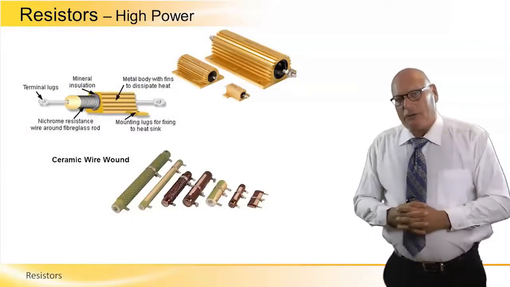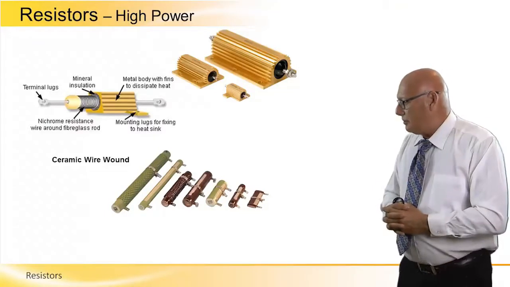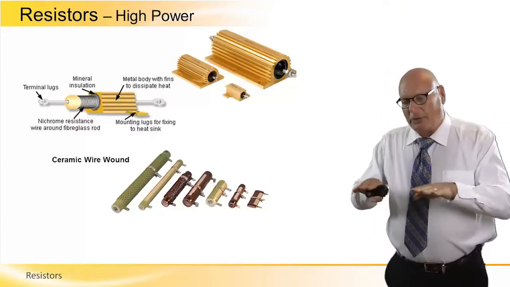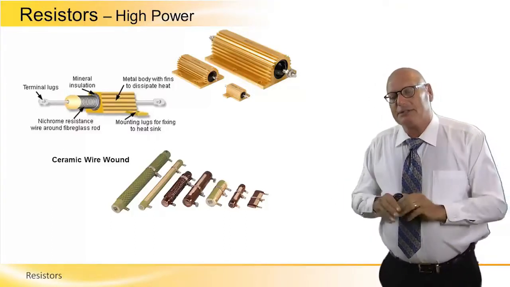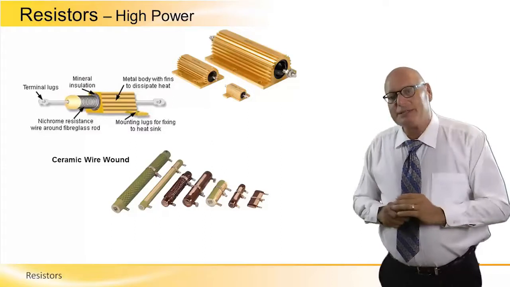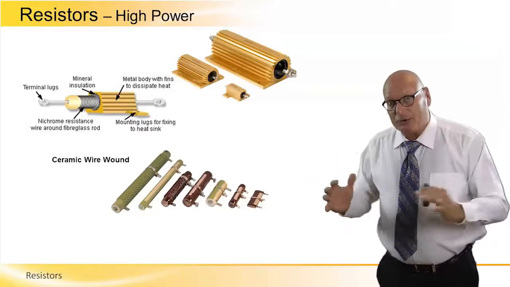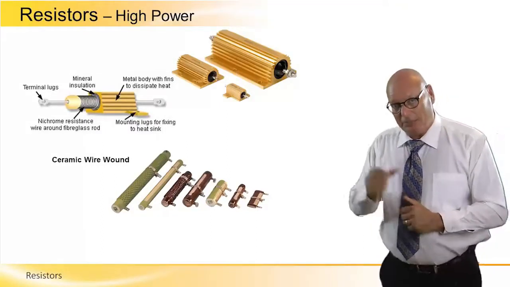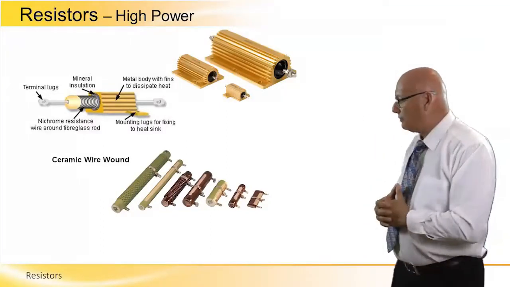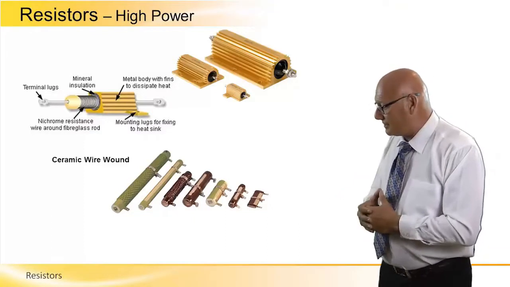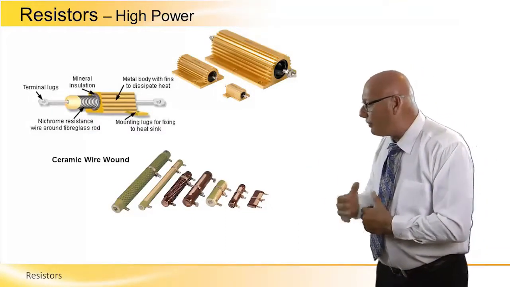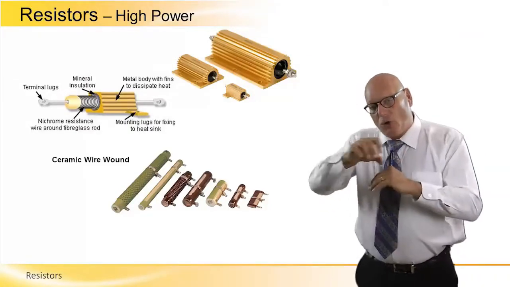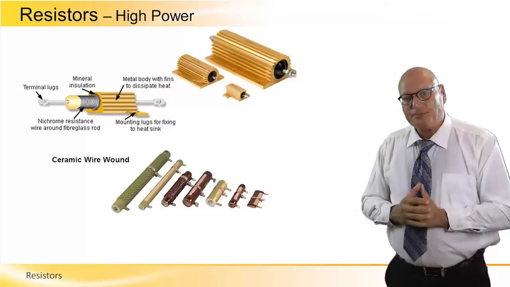And the high power, let's see how they're built. We remember the aluminum case. We remember the fins, the wings, in order to increase the contact area to the air, in order to decrease the heat density per given area. And this is how they're actually built. We have this case, of course. We have the core. We have a mineral insulation between the core and the case.